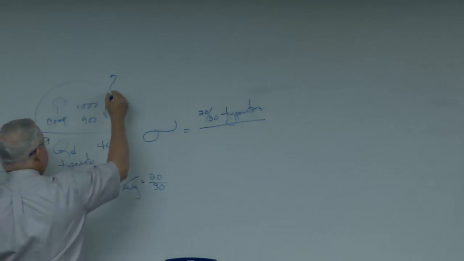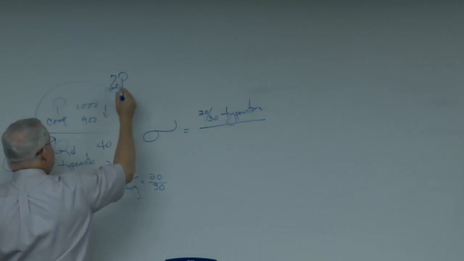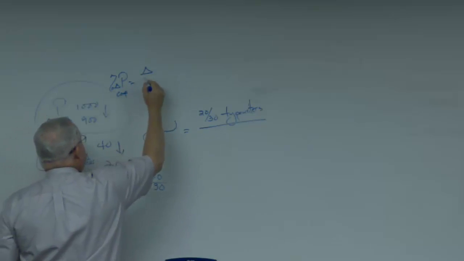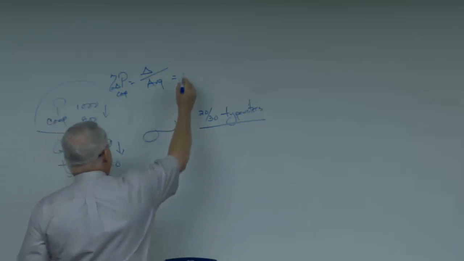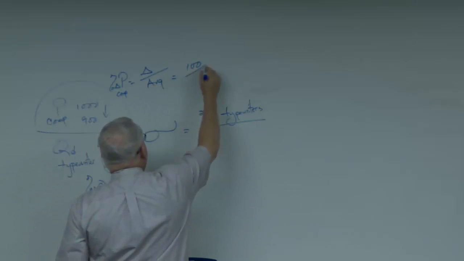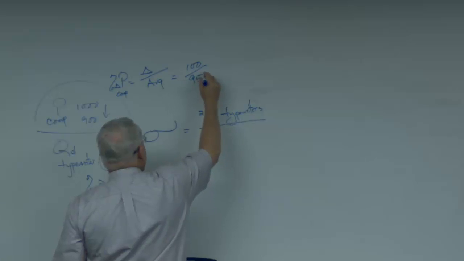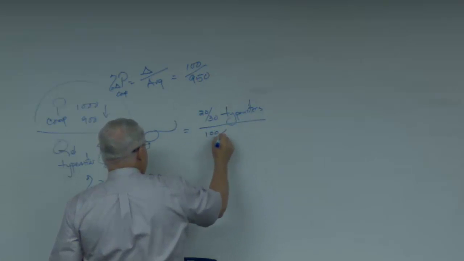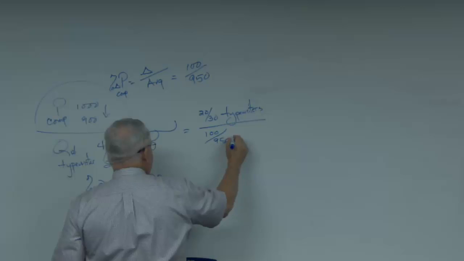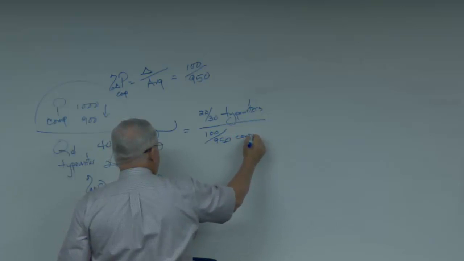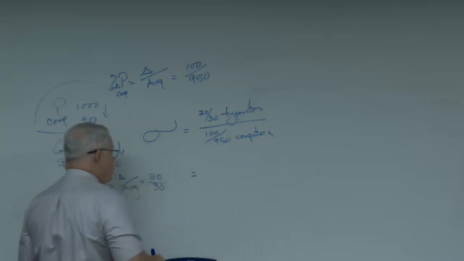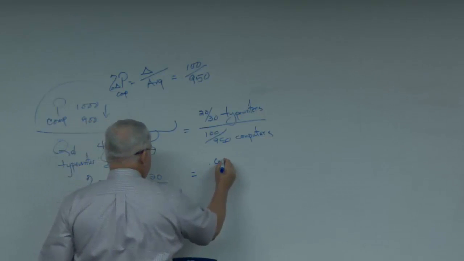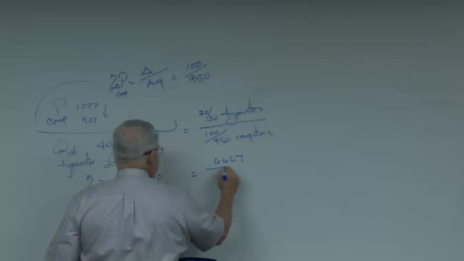How do I calculate my percentage change in price for computers now? It's always change over average. It changed 100. The average is 950. And then you can convert to decimal.